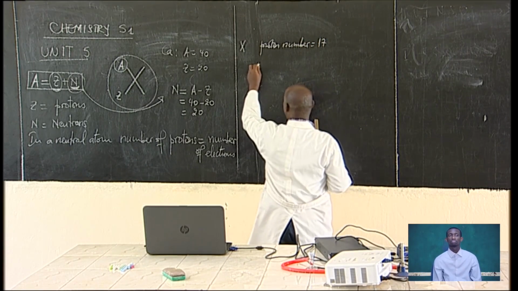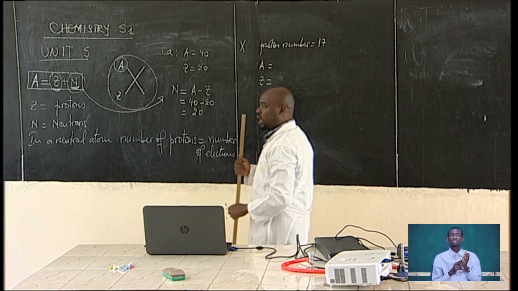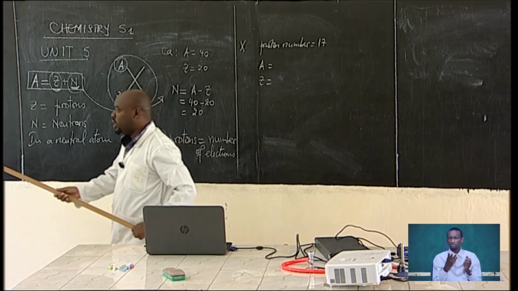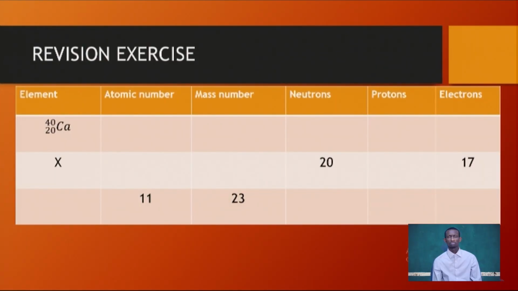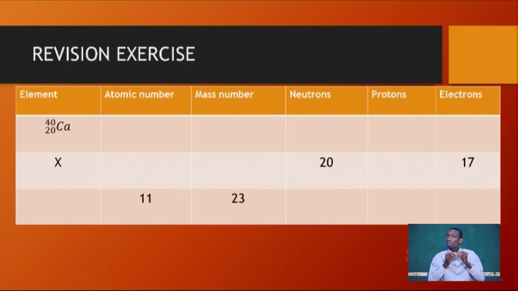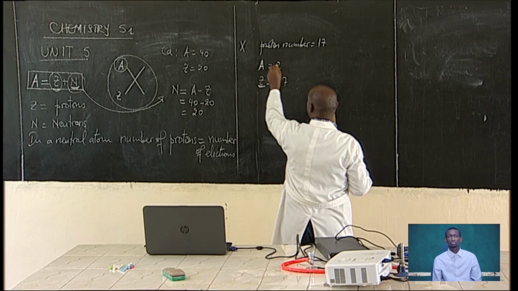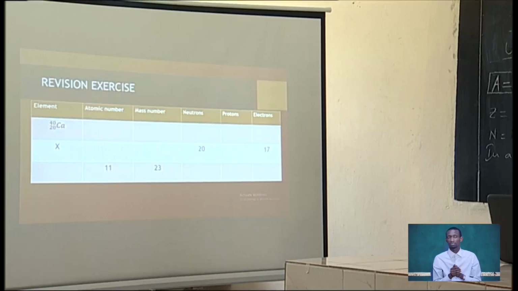And the value of A and that of Z can also be calculated. How can we get the number of protons? The number of protons is equal to 17, so the atomic number is 17. Atomic number is the total number of protons. And A, which is the mass number, is equal to the protons plus neutrons. How many neutrons do we have?